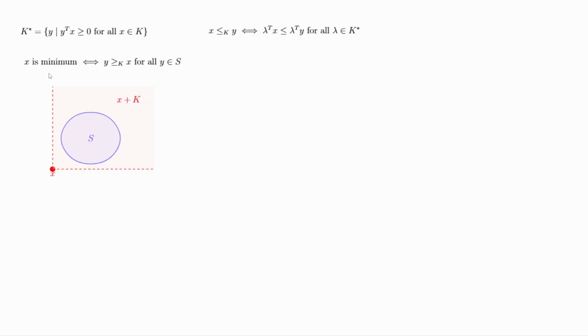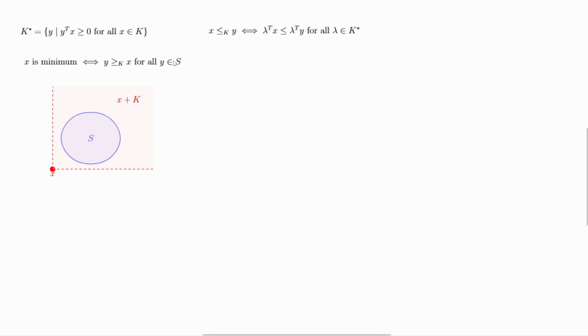So if both x1 and x2 are minimums, since x1 is a minimum by definition, we know that x1 is less than or equal to x2, because of course x2 is also in the set. Likewise, since x2 is a minimum by definition, x2 must be greater than or equal to x1, since of course x1 is in the set.